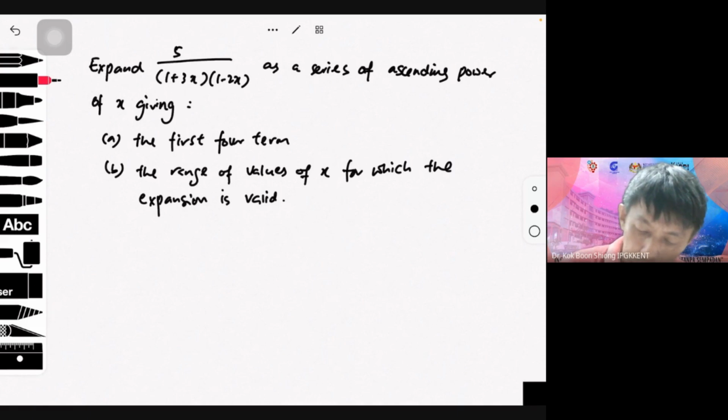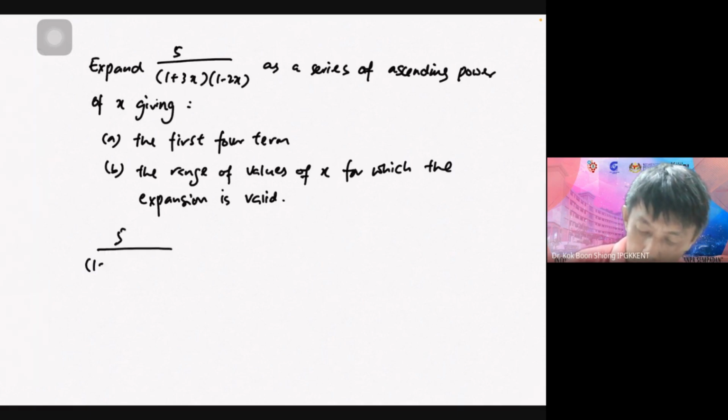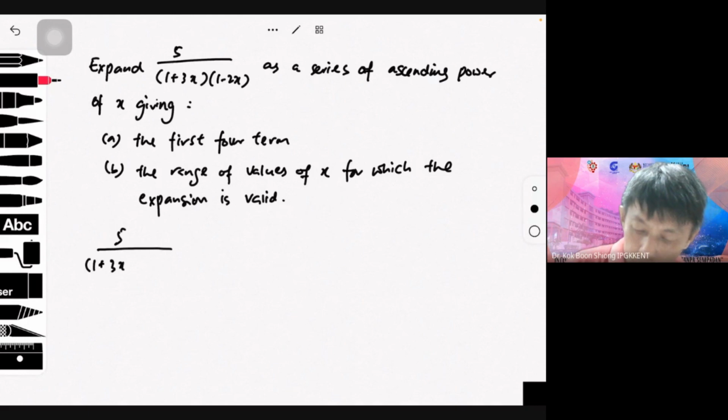So first step, 5 over 1 plus 3x times 1 minus 2x. For this part, we must do it in partial fractions.